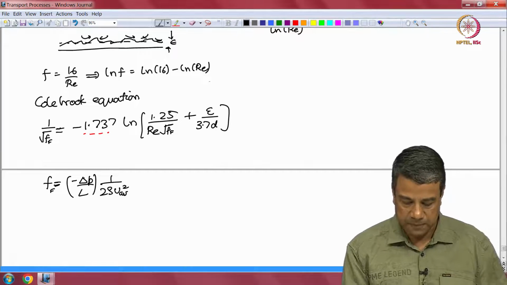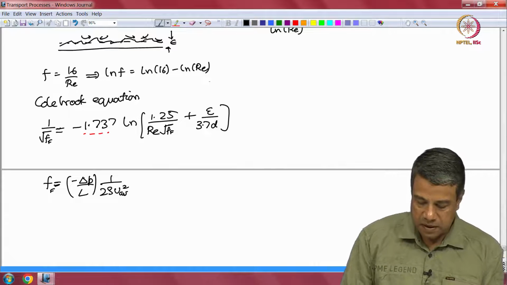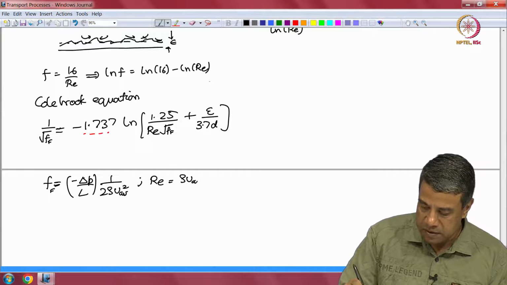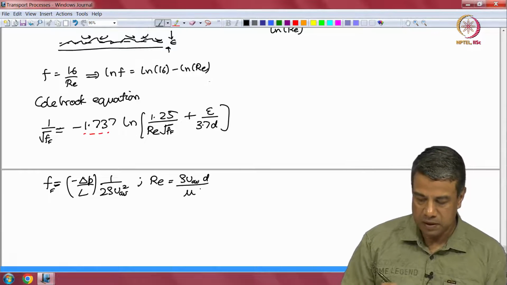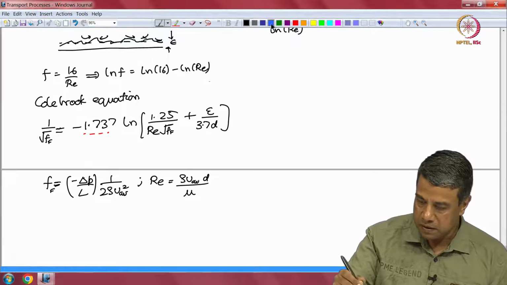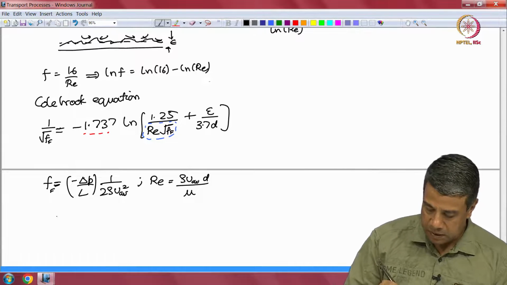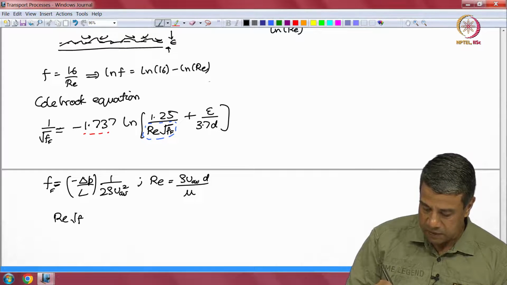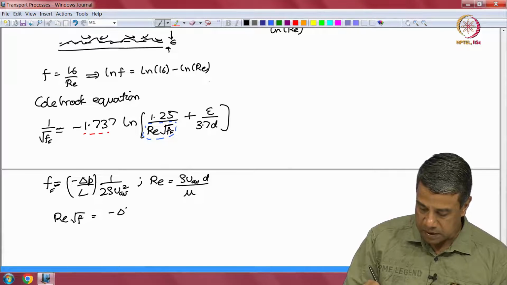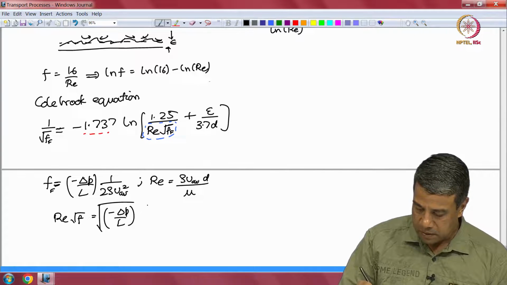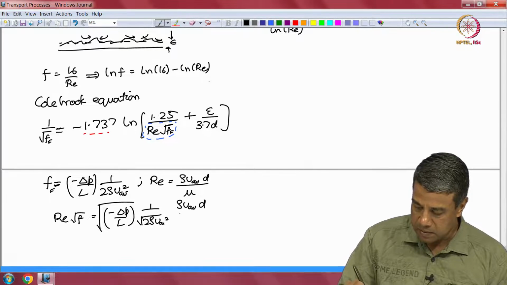the discussion. So, if I substitute that along with the Reynolds number is equal to rho V average d by mu, then this factor Re root f is equal to minus delta P by L, the square root of 1 by 2 rho V average square, times rho V average d by mu.